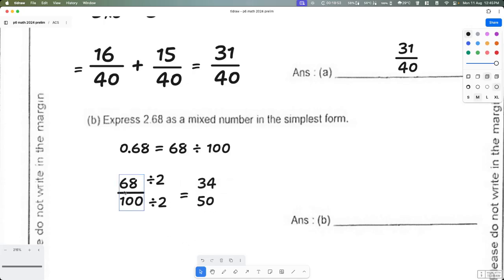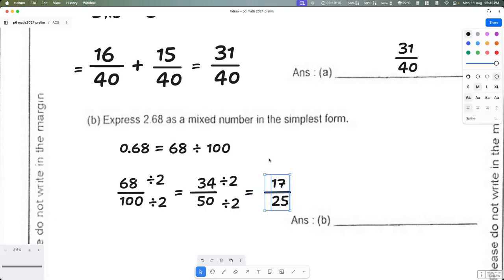Can we divide this by 2 again? Yes, we can, so we simplify. We divide by 2 again for both the numerator and the denominator. 34 divided by 2 gives us 17, and 50 gives us 25. Can we further divide by 2, or even 3? Not really. Divide by 5, you can't really.